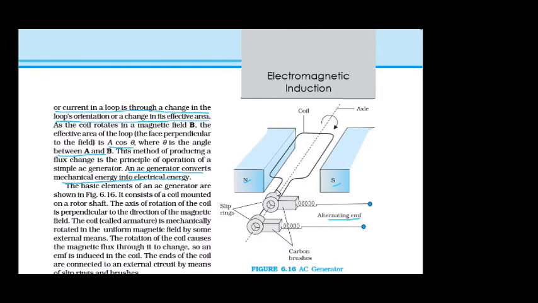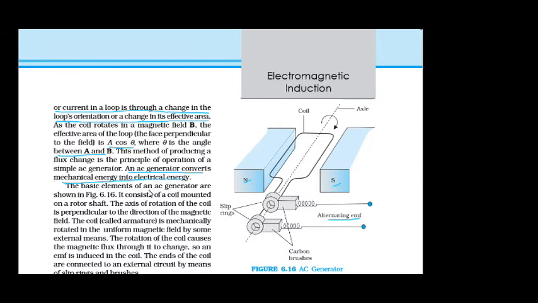At any point in time, the angle between A and B is theta, so the effective area of the loop is A cos theta. This method of producing a flux change is the principle of the simple generator. An AC generator converts mechanical energy to electrical energy.